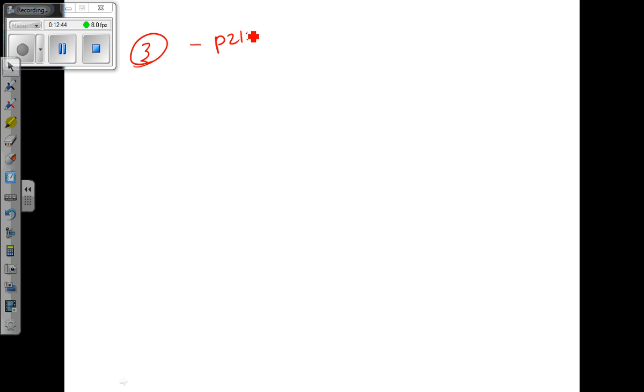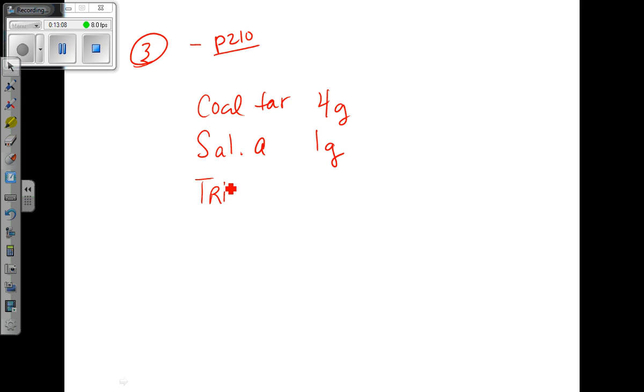So with this one, if you look at the prescription, the coal tar is 4 grams. Your salicylic acid is going to be 1 gram. Your triamcinolone, and I'm abbreviating, is going to be 15 grams.